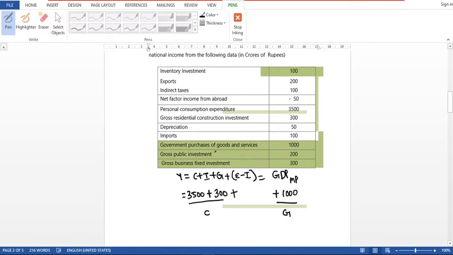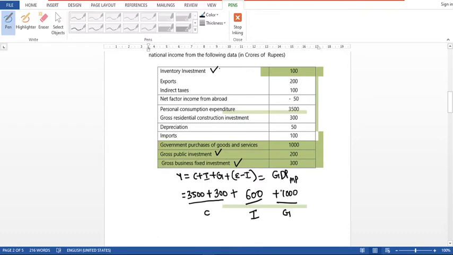So this, as well as gross business fixed investment, which is fixed investment, business investment, and inventory, all will be included in nothing but I. Is it alright? So it is 100, 300 plus 300, 600 is nothing but I. All these three.